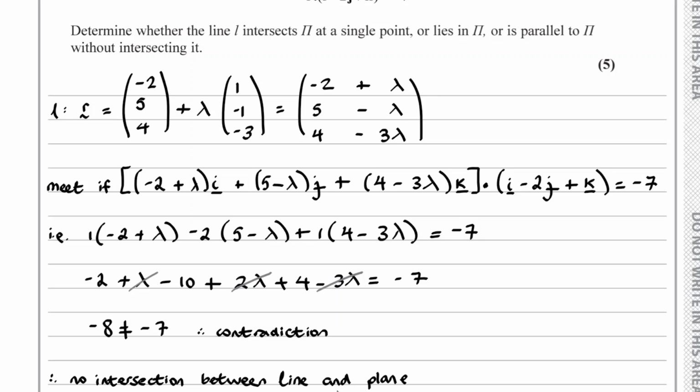we can use the dot product, and if the dot product equals 0 between this vector and the normal, if a line is parallel to a plane, it will be perpendicular to the plane's normal vector. Hopefully that makes sense. Let's just write that down.